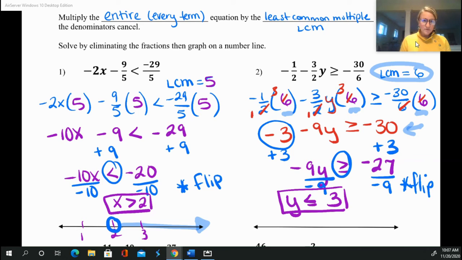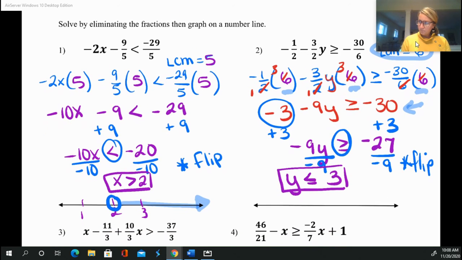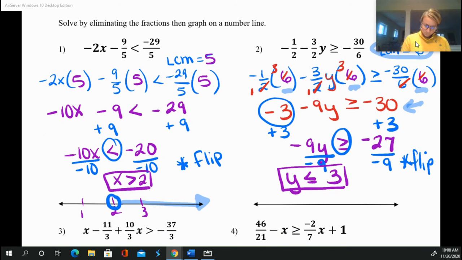And negative 27 divided by negative 9 is positive 3. Fill in your number line. 3 is included, so it is a filled in circle at 3. All values less than, so we shade to the left.